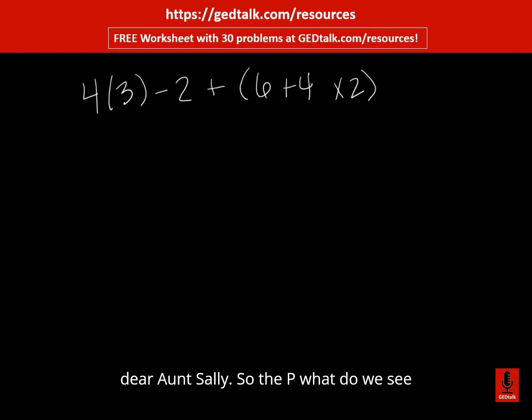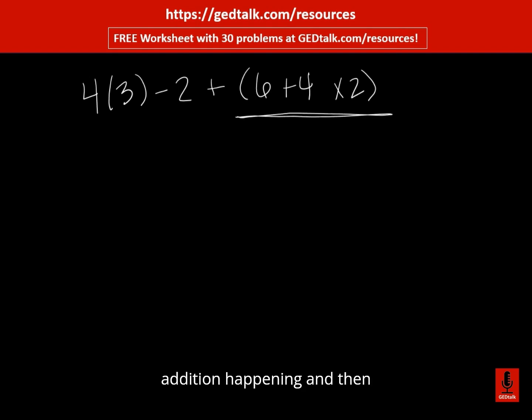So in the parentheses, all the way on the right, we see addition happening and then multiplication. Remember, multiplication happens first before that addition takes place. So I need to do 4 times 2, which is going to give me 8, plus 6. And that's going to be 14.